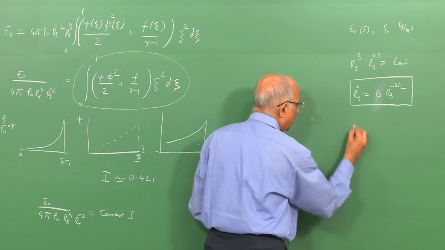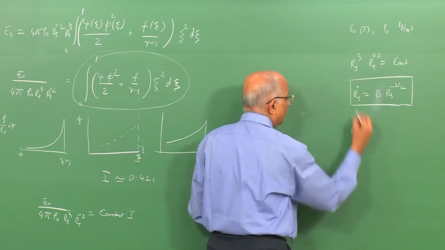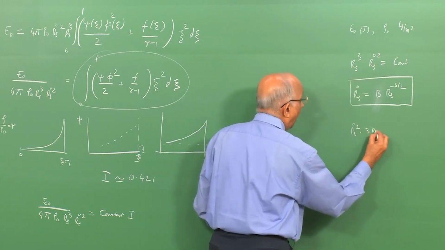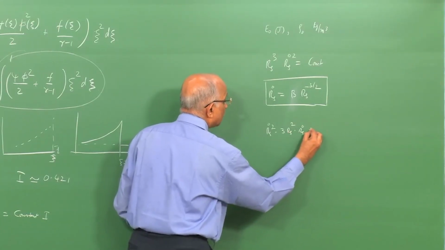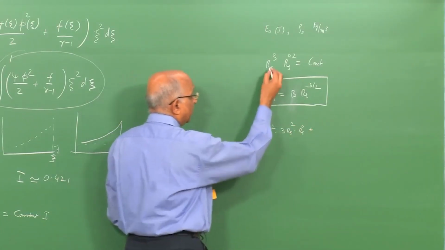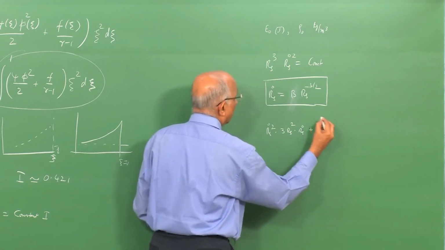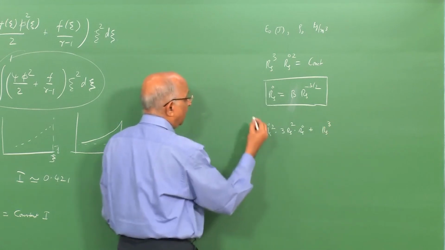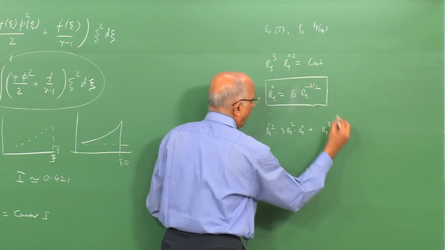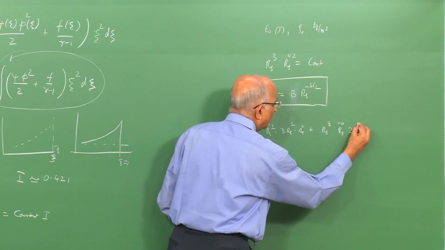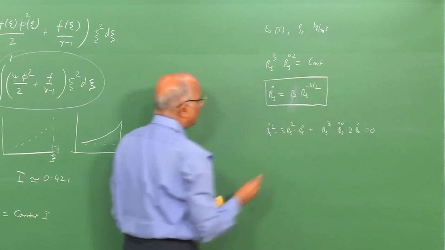I get Rs dot square into the differential here, that is 3 Rs square into Rs dot, plus I now keep the first value constant, Rs cubed, into the differential of Rs dot square, which is 2 Rs dot into Rs double dot, is equal to 0, since it is a constant.